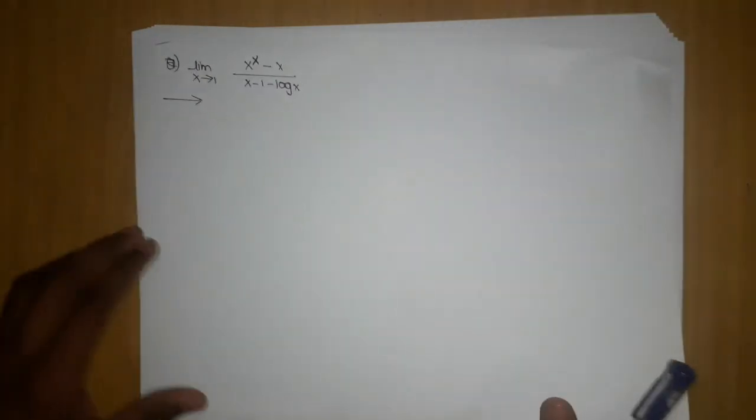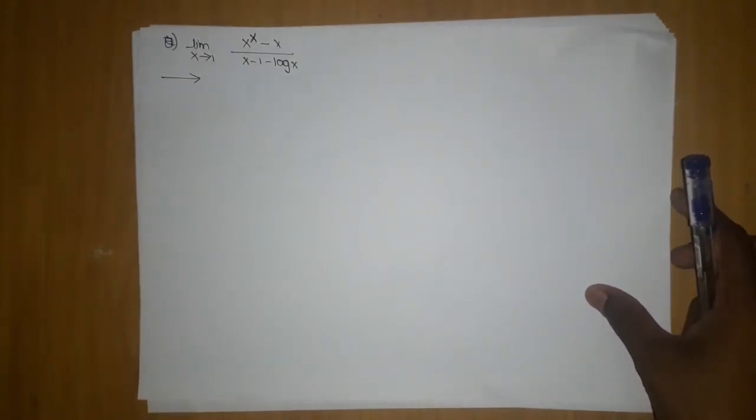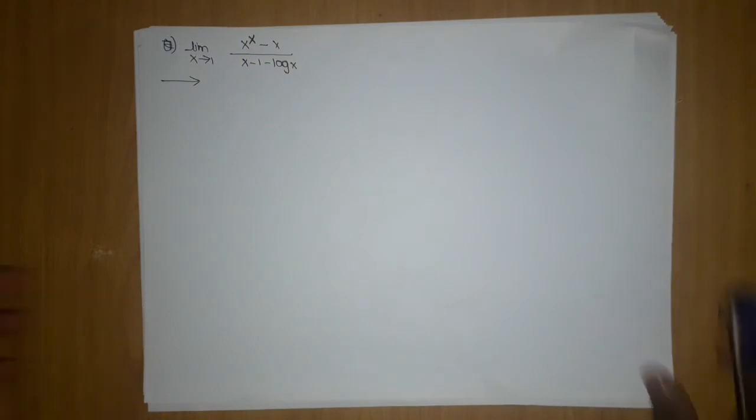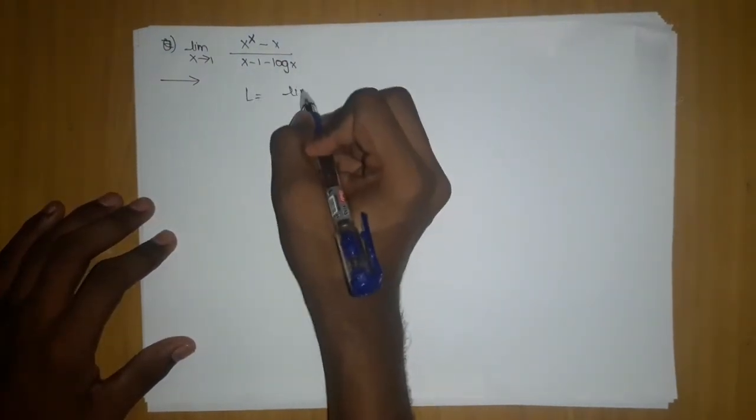Which is this one. The problem says as follows: limit of x power x minus x upon x minus 1 minus log x, where x tends to 1. First write the step which we write.